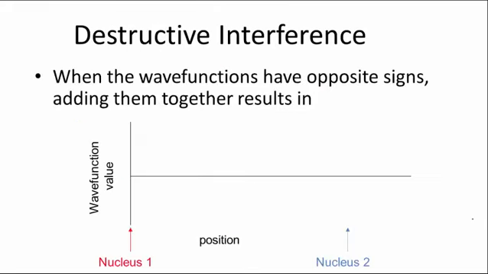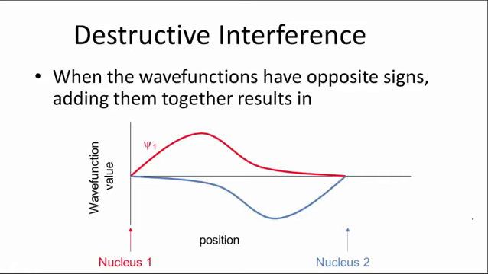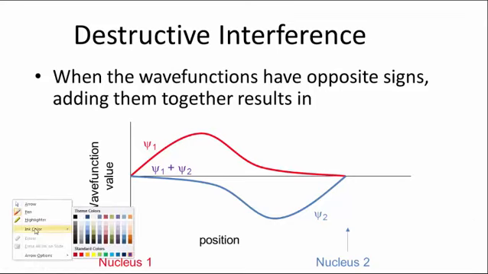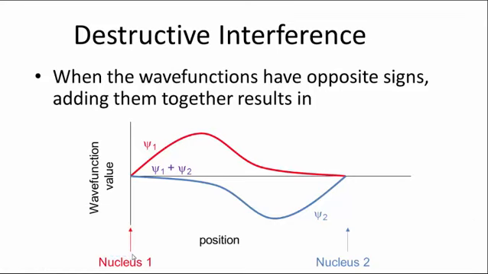Okay, destructive interference, as you might imagine, is just the opposite. Again, don't copy down this slide, but the result is important. So if instead my two wave functions look like this, one of them's positive and one of them's negative, now when I combine them, what's going to happen in this area where they overlap?